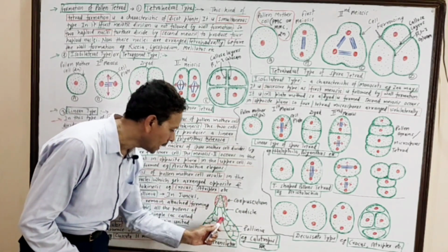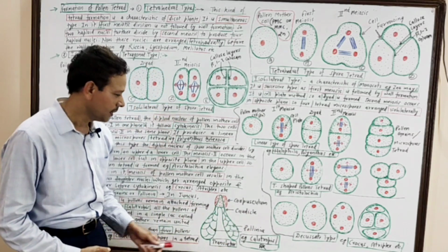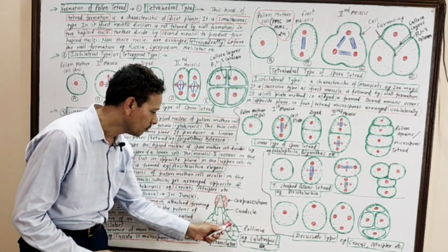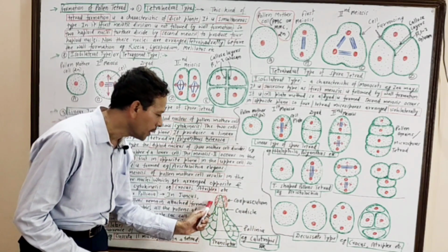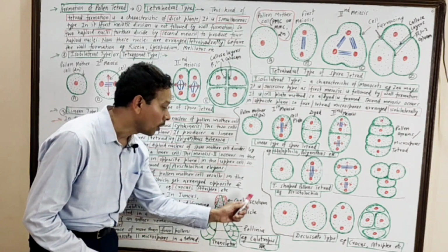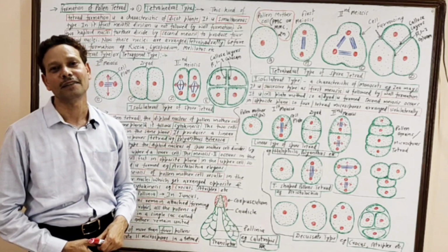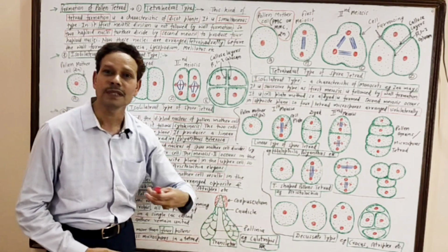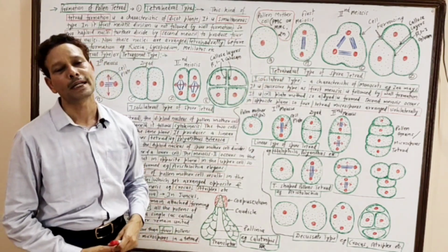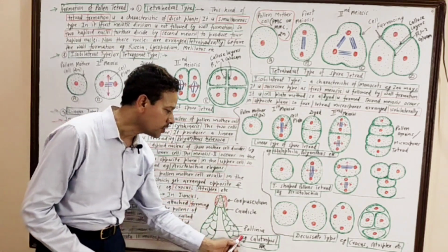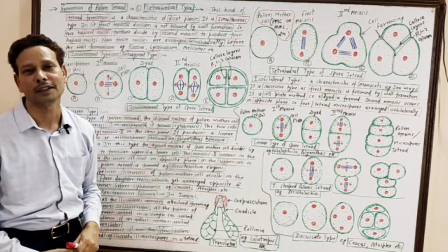These lobe-like structures are pollinia, and both pollinia remain connected by the corpusculum, and this entire structure is the translator, which helps in dispersal of pollens. That is a characteristic feature of Calotropis.